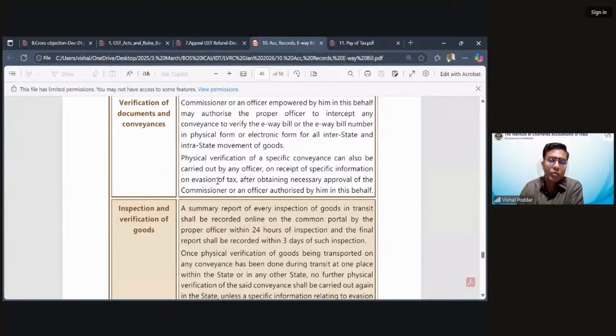Now comes the second part. Now the first part is over where I, as the taxpayer, was required to generate. Now the second part is verification by the officer while the goods are on road, that is in movement. So when the movement is happening, the officer who is appointed or empowered by the commissioner may intercept the vehicle to verify whether the e-way bill is there and to confirm it with the details of the goods in the truck.